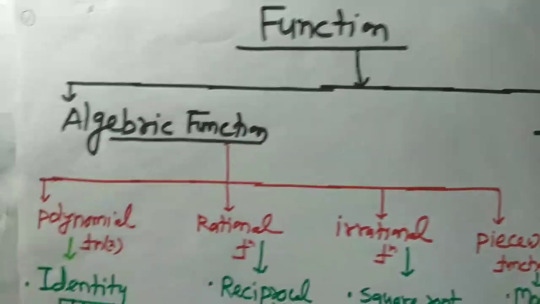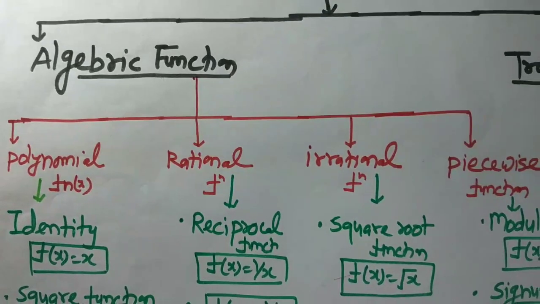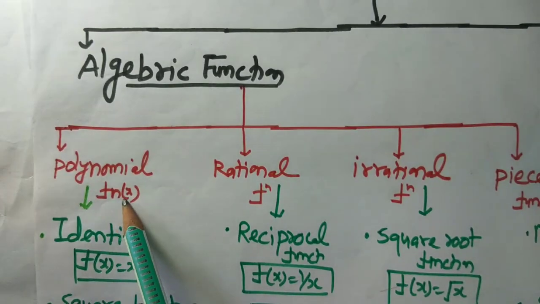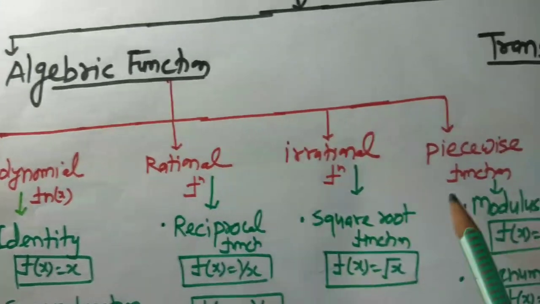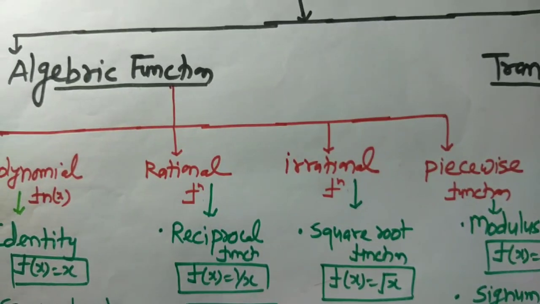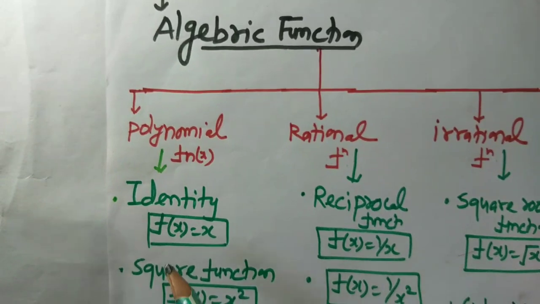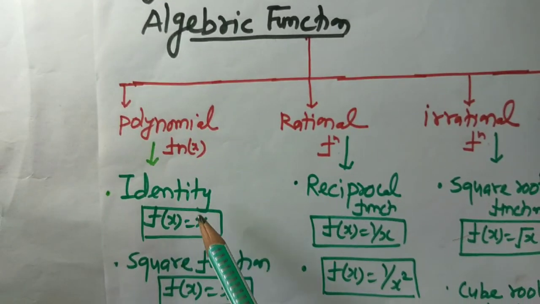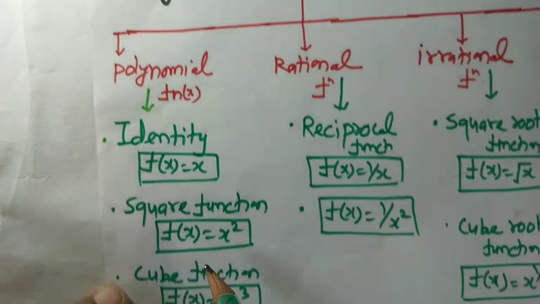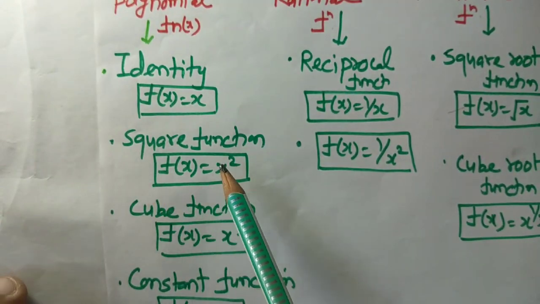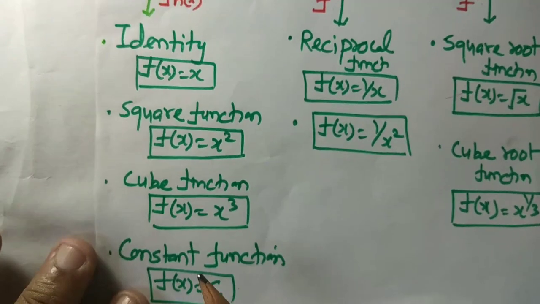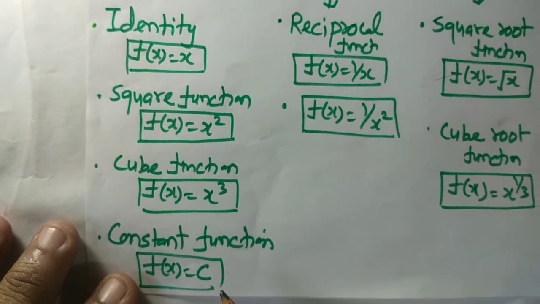Now, algebraic functions: we have four types of algebraic functions. First one, polynomial function; second, rational function; third, irrational function; and fourth, piecewise function. In polynomial functions: first one is the identity function in the form f(x) = x, second is the square function f(x) = x², the cube function f(x) = x³, and the constant function f(x) = c.